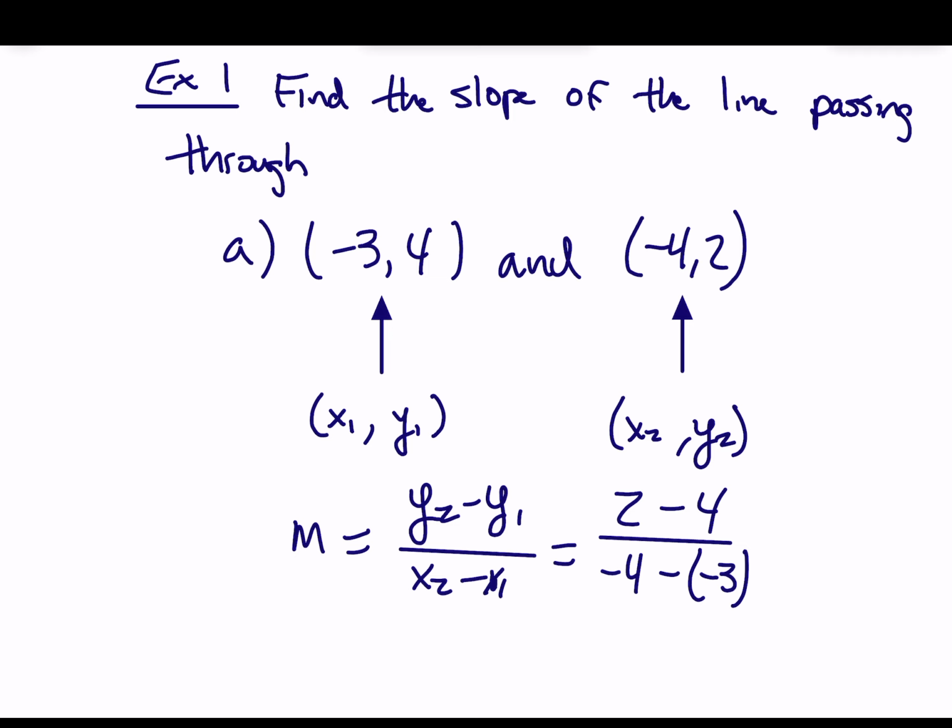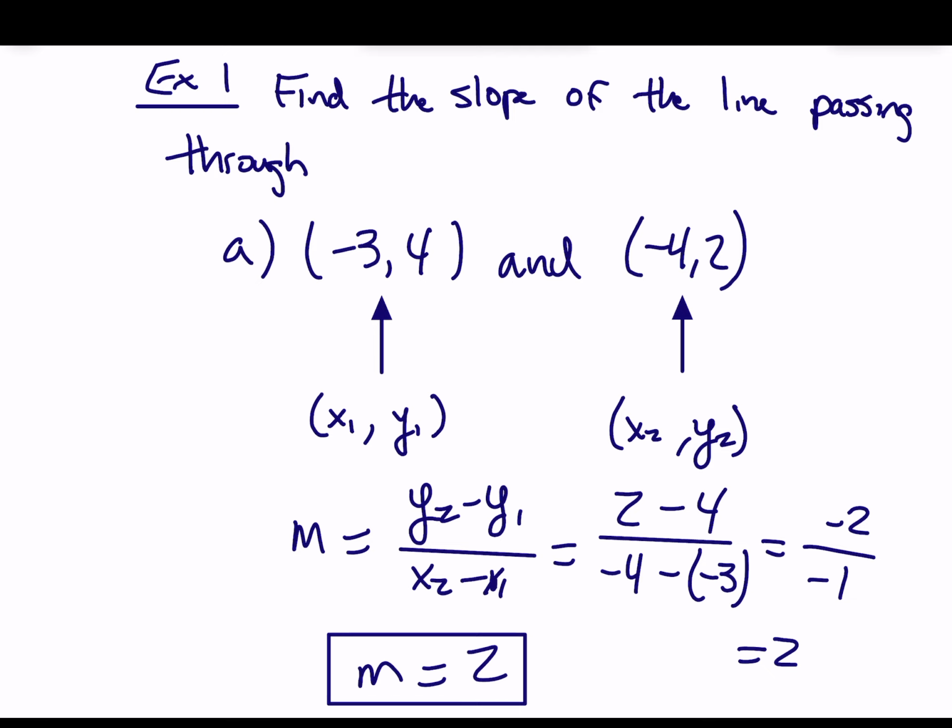So notice we have x2 and y2 first, and x1 and y1 second. As long as we have them in the same order, we're good. So 2 minus 4 is negative 2, and negative 4 minus a negative 3 is negative 4 plus 3, or negative 1. Negative 2 divided by negative 1 is 2. So the slope of the line that passes through these points is m equal to 2.